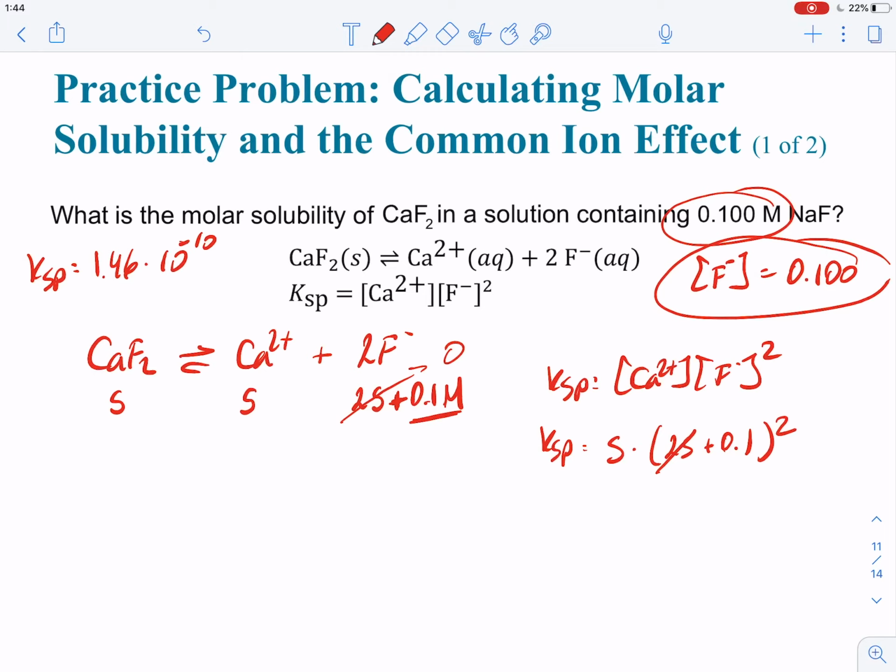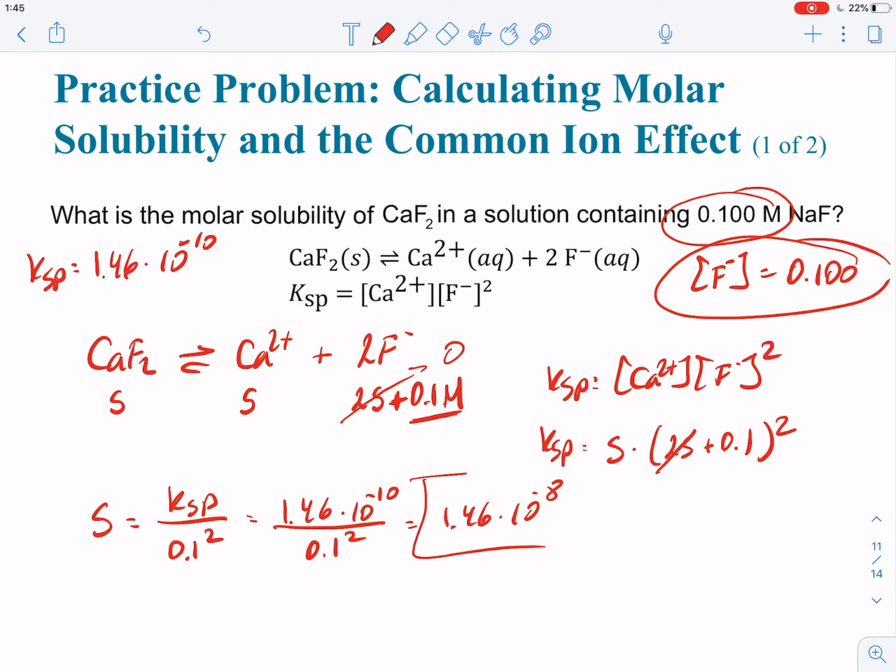Therefore, S is going to be equal to Ksp divided by 0.1 squared. So this is 1.46 10 to the negative 10 divided by 0.1 squared, and this is equal to 1.46 10 to the negative 8. So this is the solubility of calcium fluoride in 0.1 molar sodium fluoride.